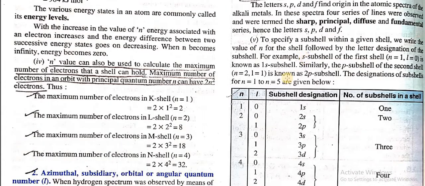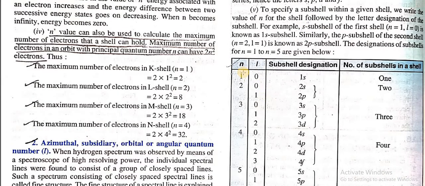From here we can see, when n equals 1, the value for l will be only 0, because l ranges from 0 to n minus 1. And since l equals 0, from the above table, it belongs to the s orbital. So it is 1s.